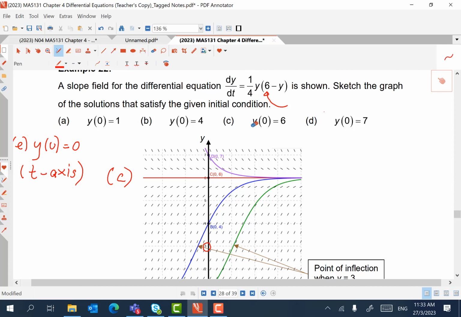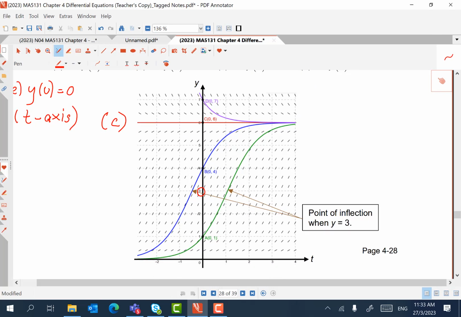So in one of the bullet points above, it says, if you start off below L over 2, there is actually an inflection point. This inflection point represents the point where dy dt is the largest, and this occurs at exactly the point when y is L over 2, which is 3 in this case.